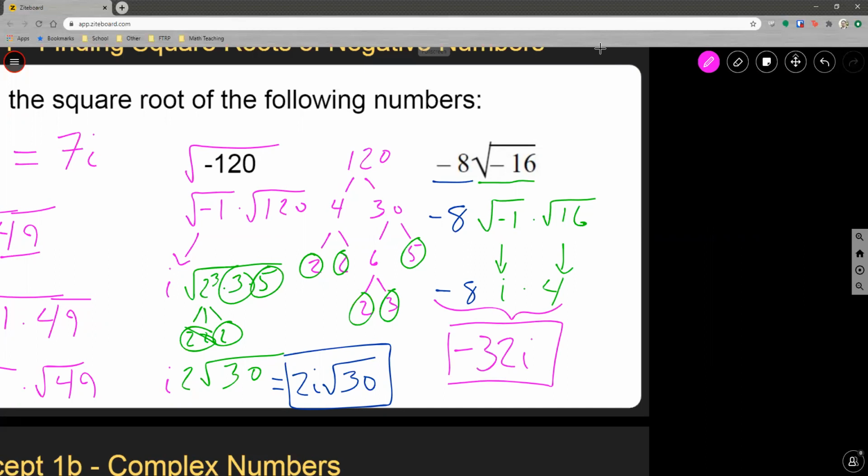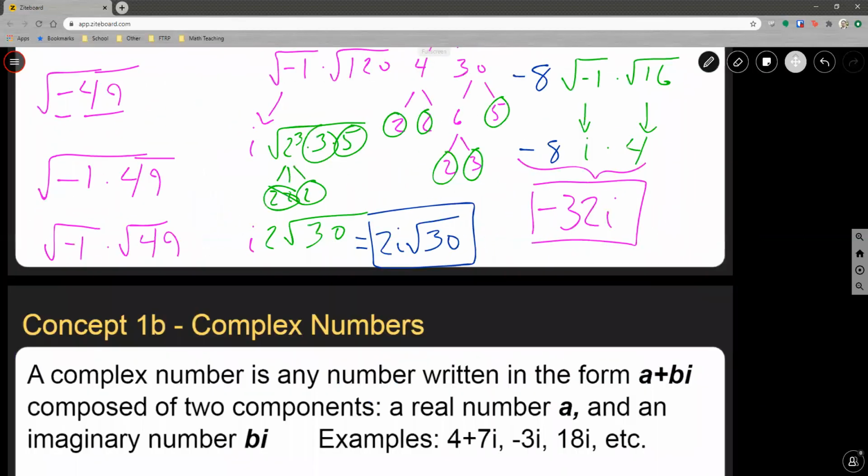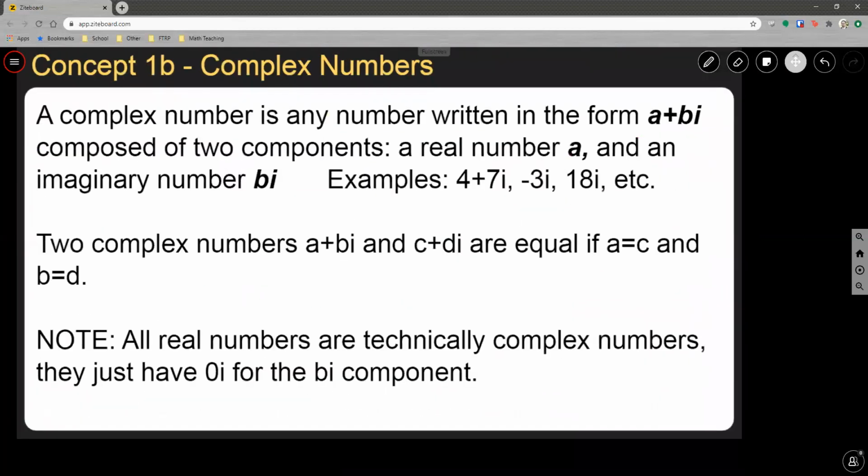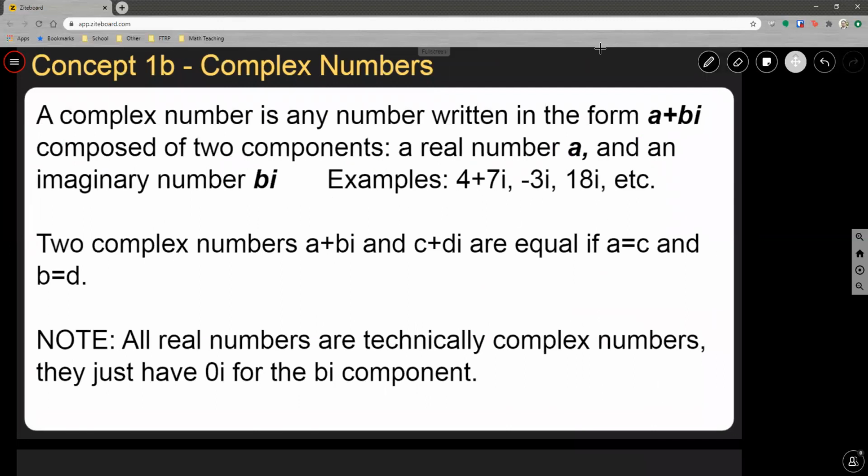So whenever you take a square root of a negative, you're going to get an i out. That's the big takeaway here. All right, let's continue along. So complex numbers. This is the definition of complex numbers. A complex number is any number written in the form a plus bi, composed of 2 components.